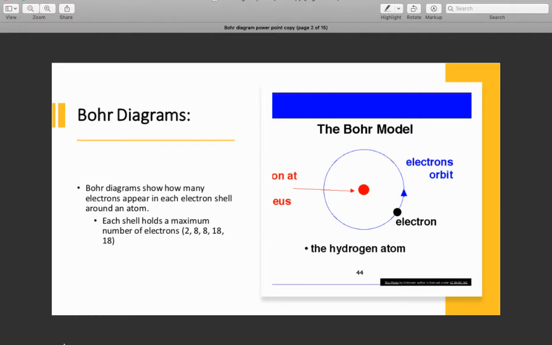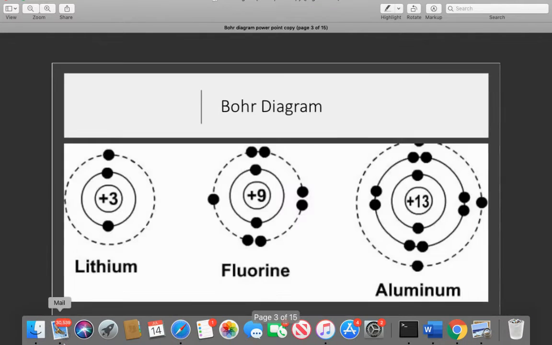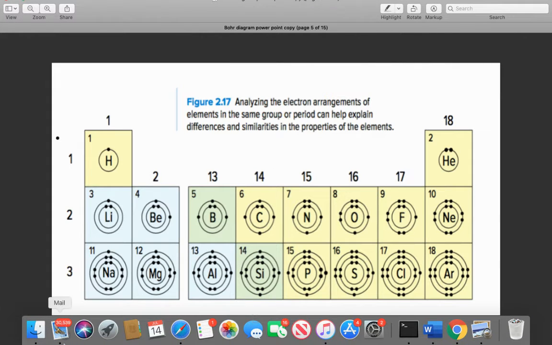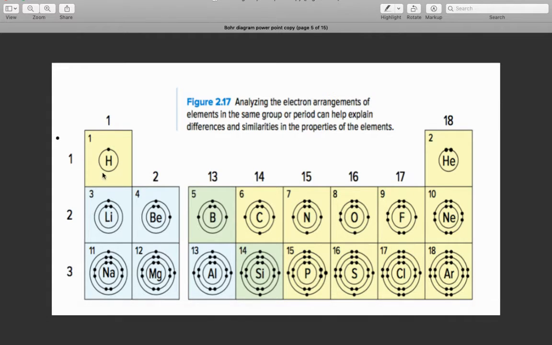I have one example over here for the periodic table. If you analyze this diagram, you will see that the hydrogen atom is right at the top, in the first row and the first column.